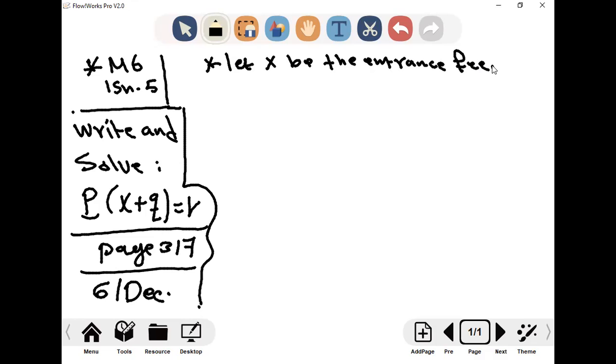Okay, how many students do we have? Now, for each student, focus with me. Each student will pay what? Will pay two things. The entrance fee, which is what? x, and he will rent a skate. How much is the renting of the skate? 4.75. So each student, focus now. Each student will pay x, the entrance fee, plus he will rent a skate.